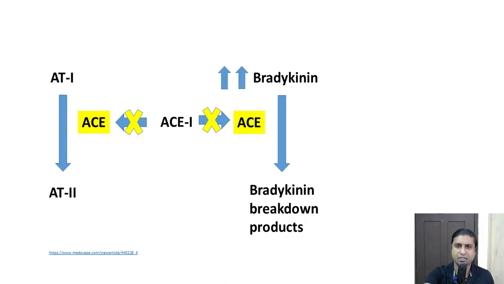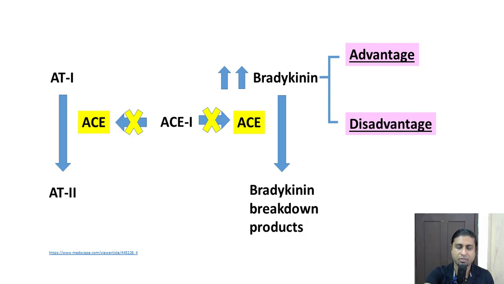And when bradykinin increases, this presents us with two consequences, both advantages and disadvantages. The advantage of having higher plasma concentrations of bradykinin is that bradykinin is a vasodilator, and therefore it would further reduce the preload and afterload.